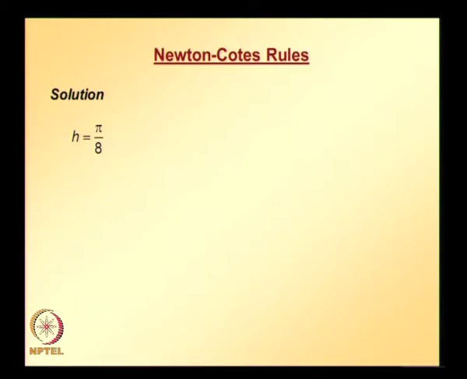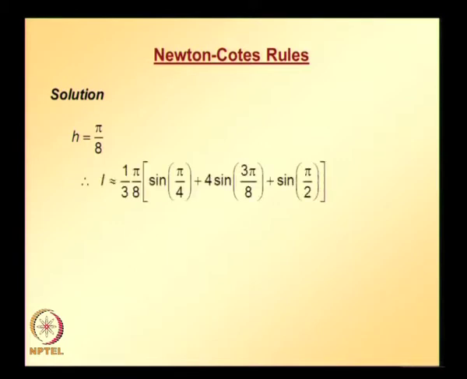Solution: h is equal to pi over 8, and the function value evaluated at these 3 points and multiplied by the corresponding weights results in this, which can be simplified to this. When we compare this solution with the exact solution, which is 0.7071, we can observe that it is very closely matching the exact solution, because in Simpson's rule we actually evaluated the function at more points.